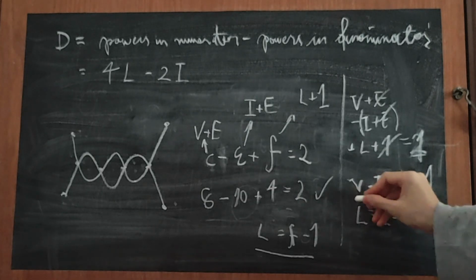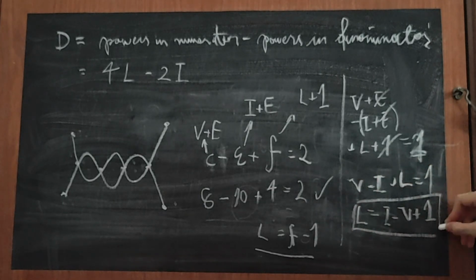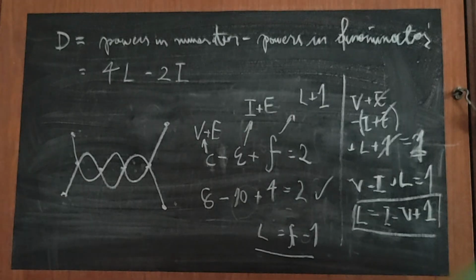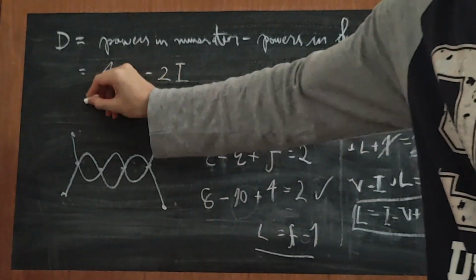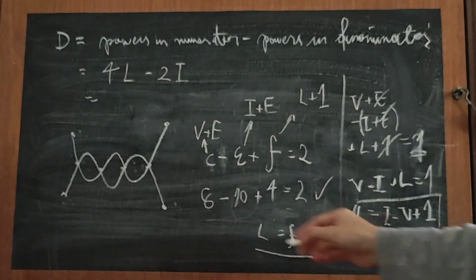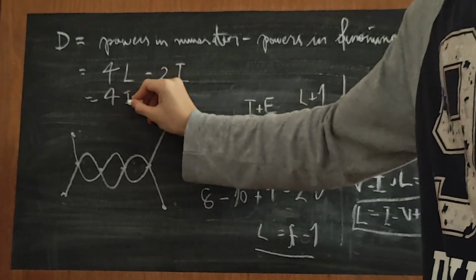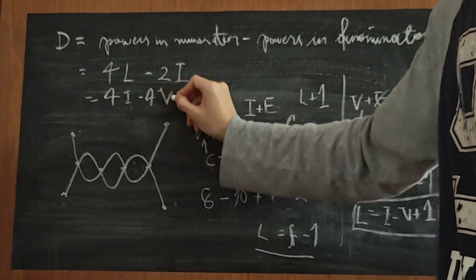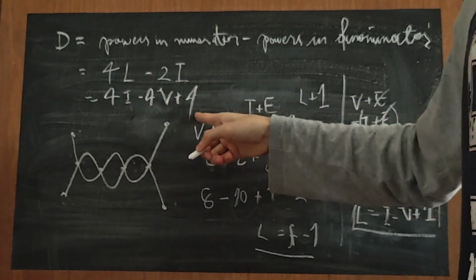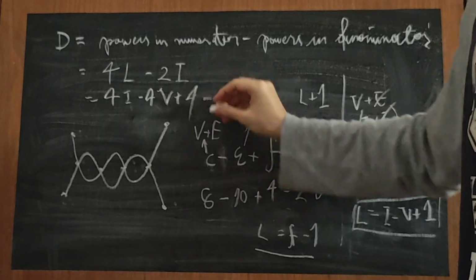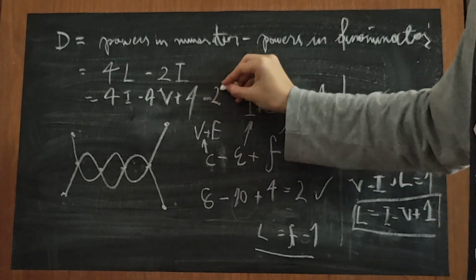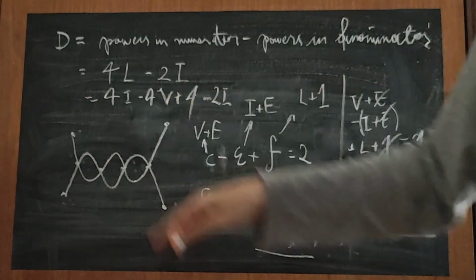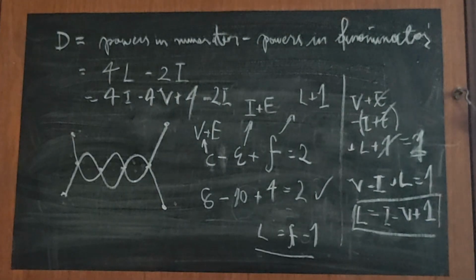And now if we substitute this all the way into here, we should get 4I minus 4V plus 4 minus 2I. Okay, I'm going to erase a little bit more, so I'm going to pause.